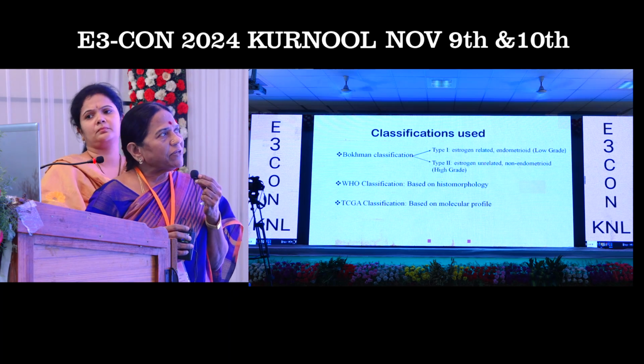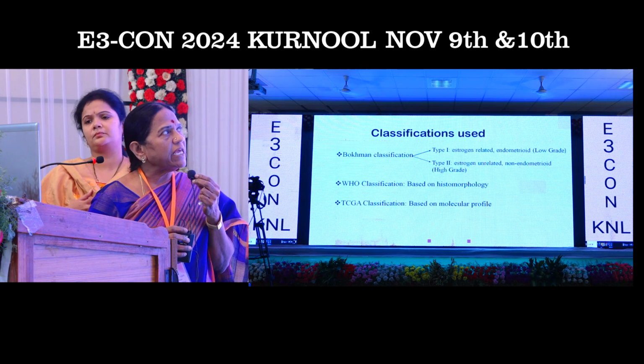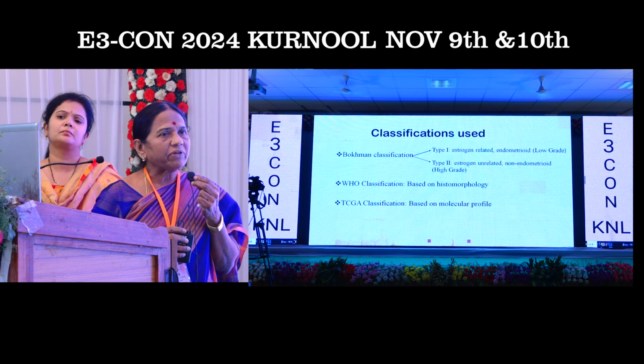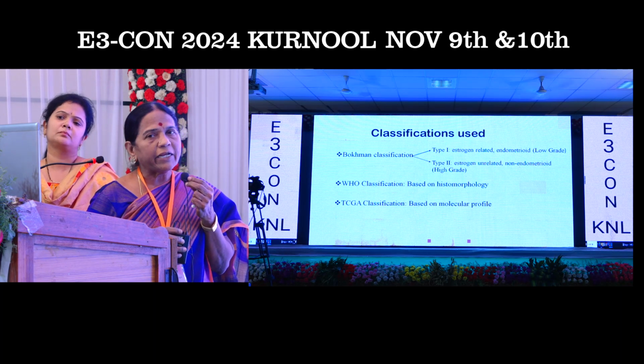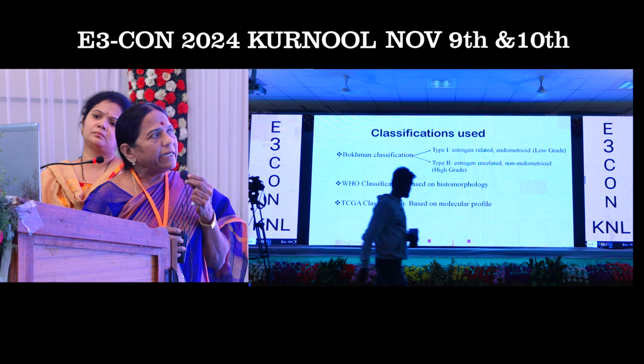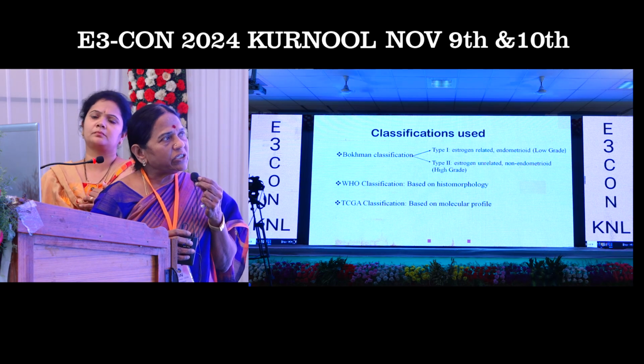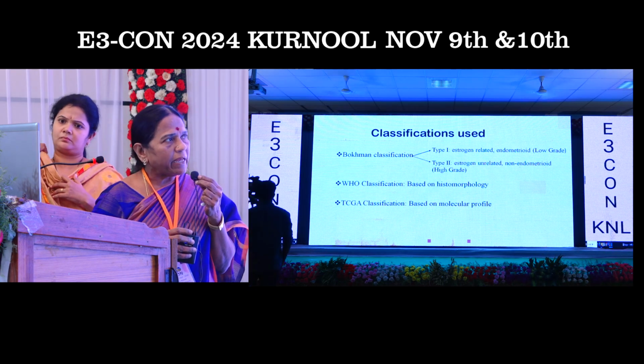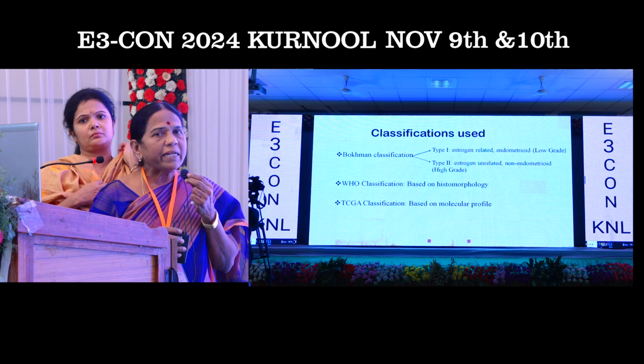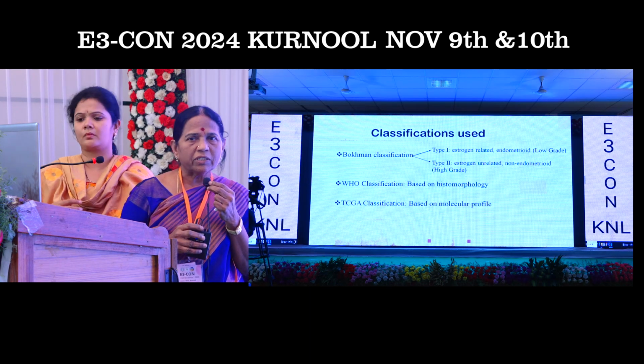Next. So the traditional classification, first we see the Bokhman classification, which has given type 1, which is estrogen related and endometrioid low grade type, and type 2 is high grade, which is estrogen unrelated and non-endometrioid type. The WHO classification is mainly dependent upon the histomorphology.